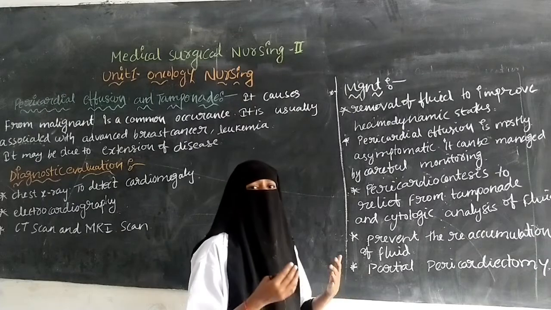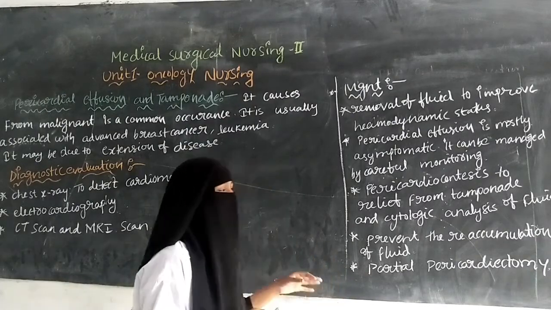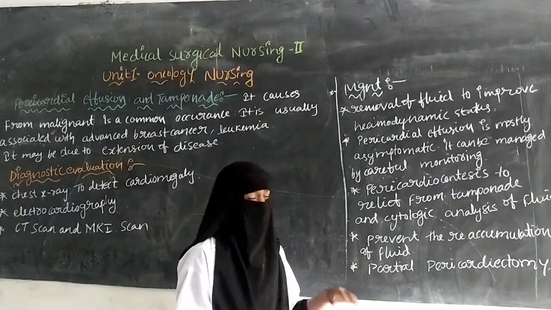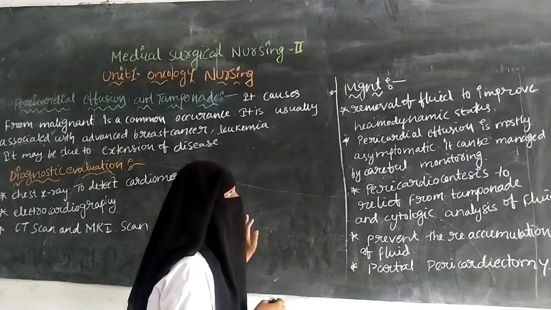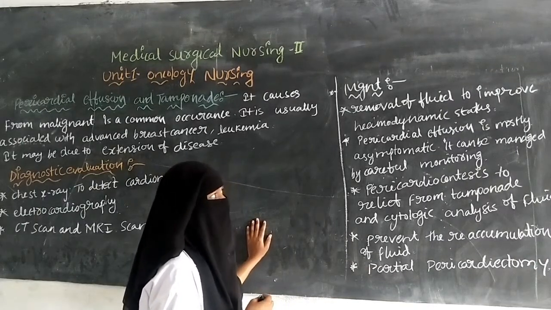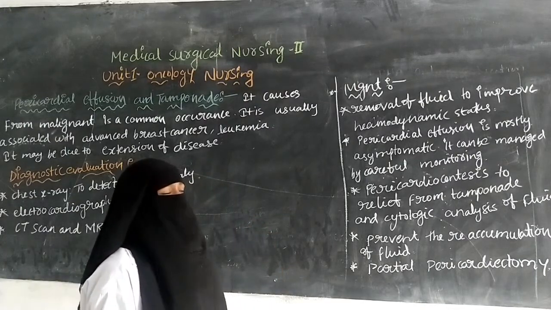Because of the accumulation of fluid, there is pressure over the heart and circulation can decrease because of the overload. So by removing this fluid, we can improve the hemodynamic status and blood flow.